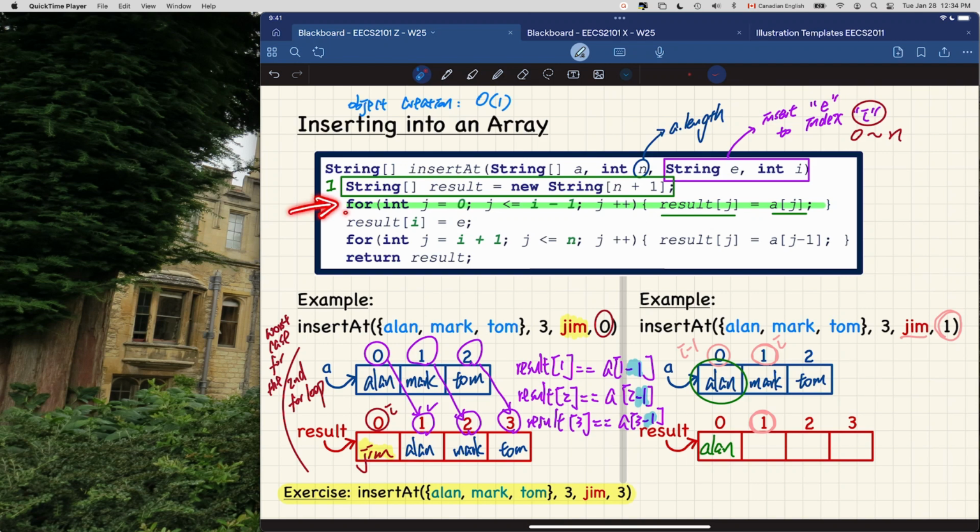Let's work out the running time right away. What will be the running time for this? This one should be rather easy. Let's look at the number of iterations. J here is going to be in the interval from 0 all the way to I minus 1. Agree? So there will be I iterations.